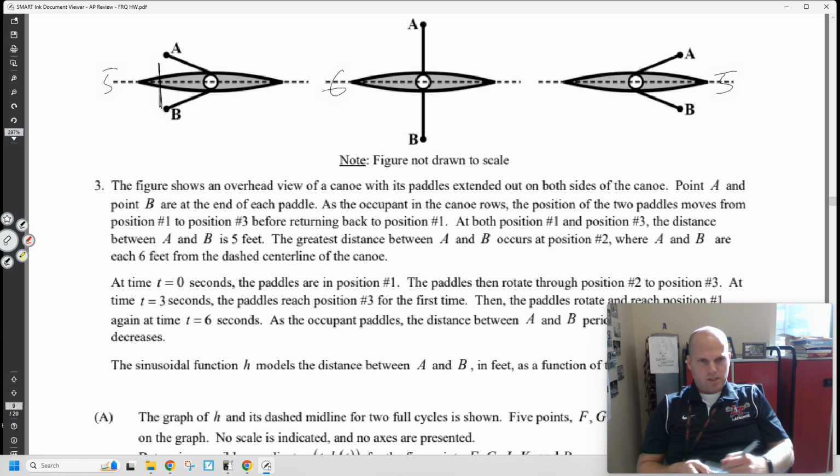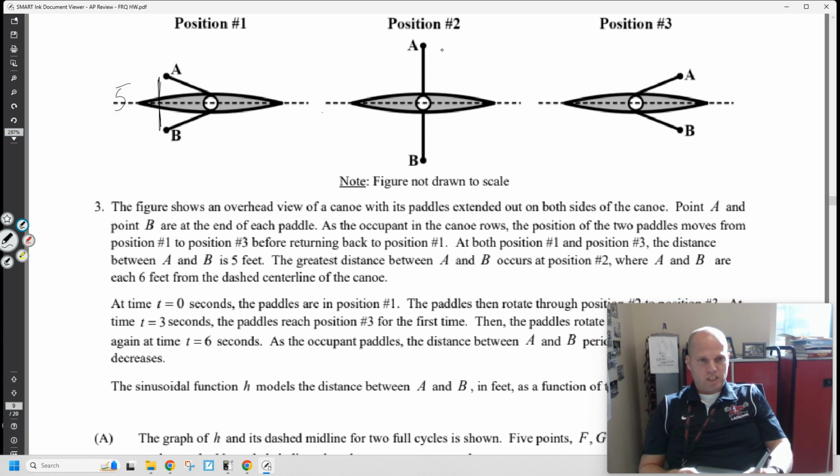No, from the center line. Distance between A and B is 5 feet. But position 2 is when they're each 6 feet from the center line, which means they're 12 feet apart.